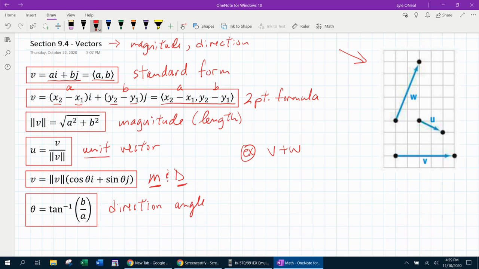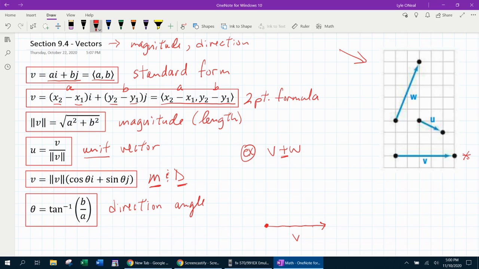So we're going to add vectors v and w using the tip to tail method. Notice that vector v has a direction of 0 degrees. It's pointing in the direction of 0 degrees. It has a magnitude of 5. So we're going to start here and go over 1, 2, 3, 4, 5. And this represents vector v.